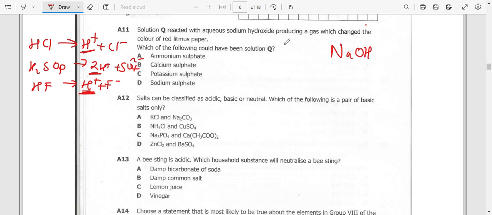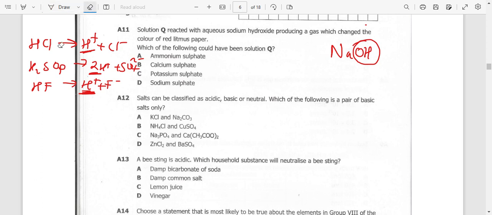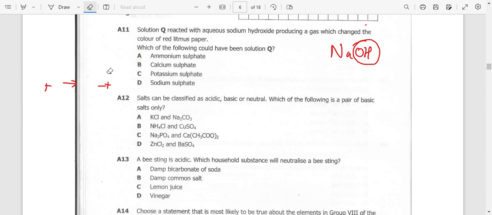Now a base is a compound that reacts with an acid to form a salt. So mostly for bases, when you see hydroxide OH, then that's a base. Is that okay? Yes. So what happens is that when an acid reacts with a base, you are going to form salt and water. Remember, a base has got OH.